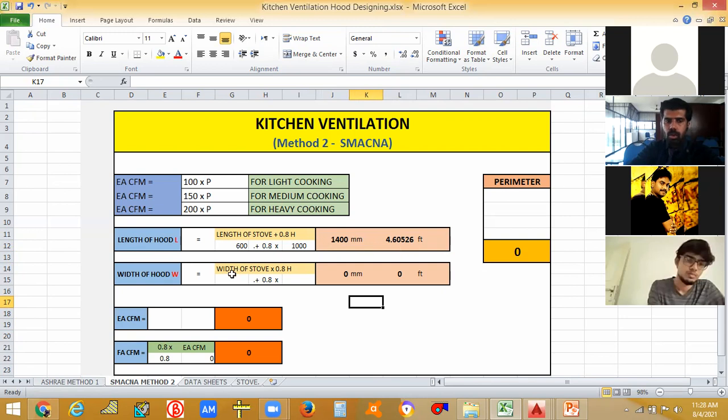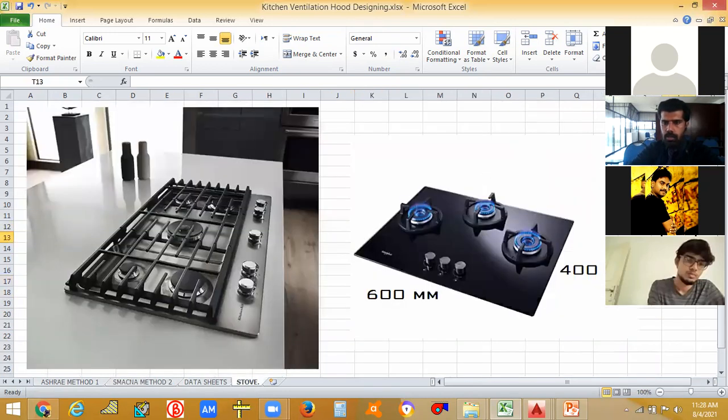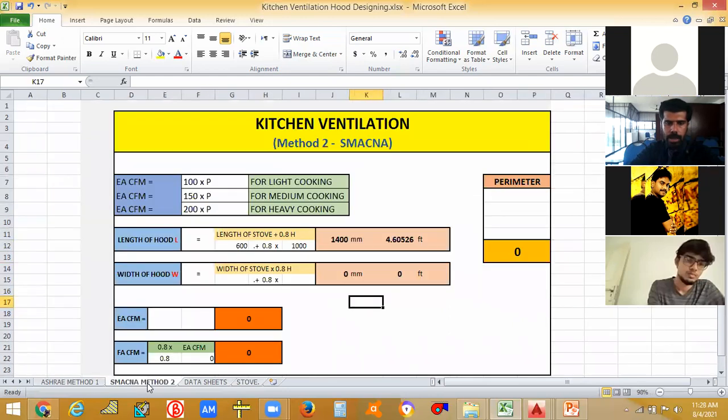Now, next I need to know the width of the hood. So what is the width of the stove? The width of the stove is 400 mm. Correct. So the width of the stove into 0.8 into height.